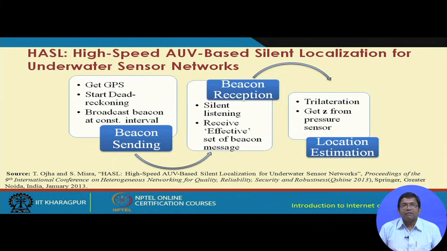In dead reckoning, based on the distance from a particular target or a particular node whose position is known, it is estimated how far another node is located and at what angle. So, based on this distance and angular information, the position of the target at different instants of time in a marine environment is computed.